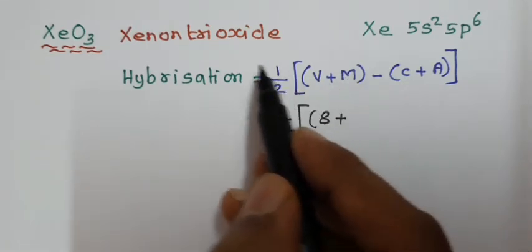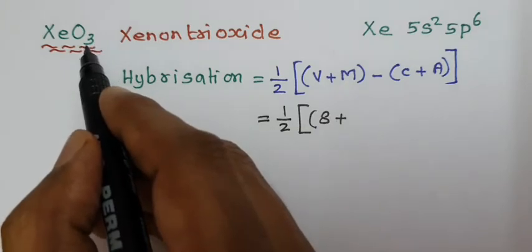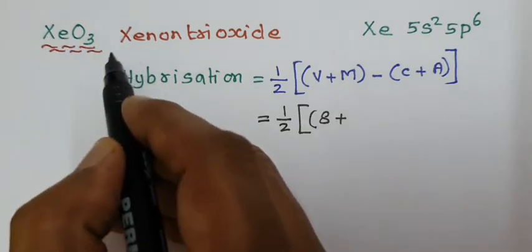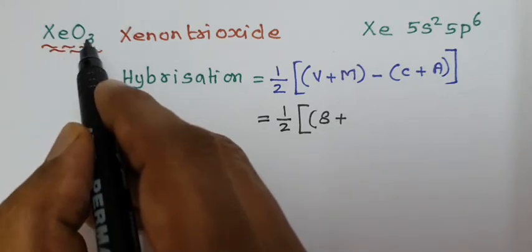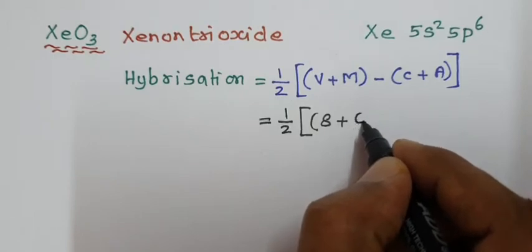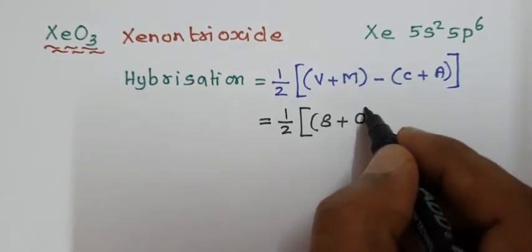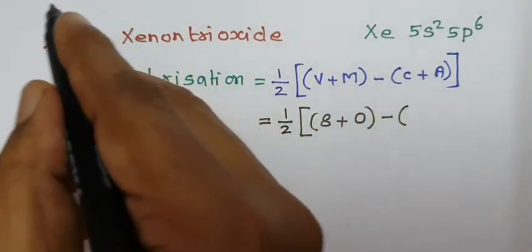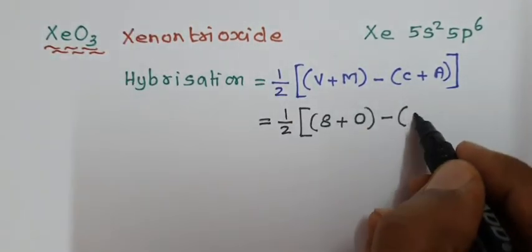What is M? Number of monovalent atoms linked to the central metal. Is there any monovalent? No. Oxygen is divalent. Therefore, the number of monovalent atoms is 0. Minus C, charge on cation: there is no positive charge here, 0.